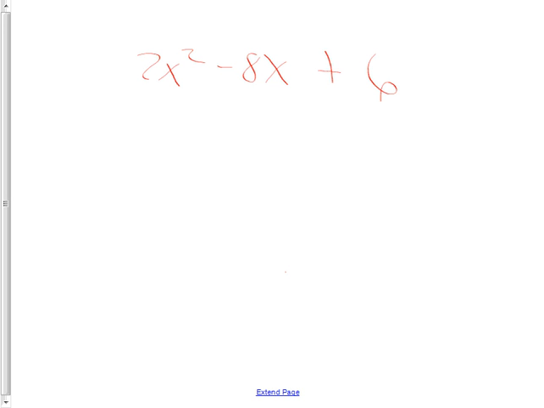Everybody do this and then billboard it to me. Factor it all the way. Yes, the 2 comes out is the first part, but then finish it.